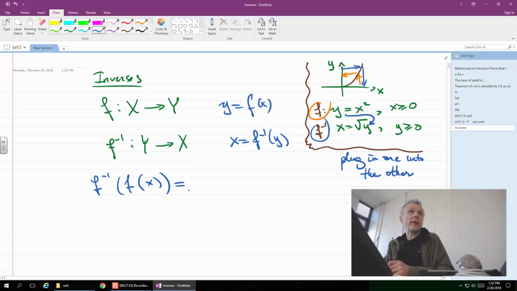So I substituted, then what? Reduce. You have x squared, the square root of that is just going to be x. Well, you don't want to say x equals x.